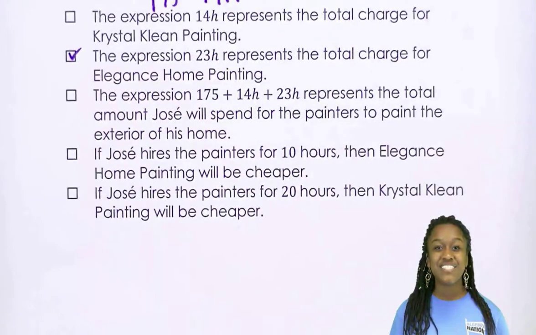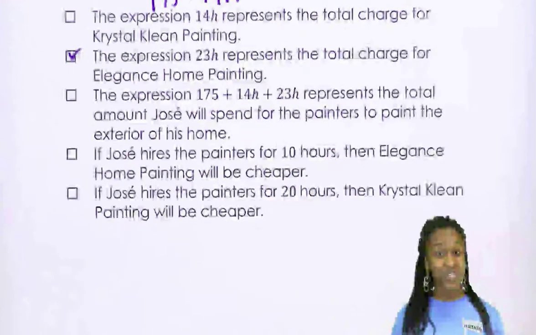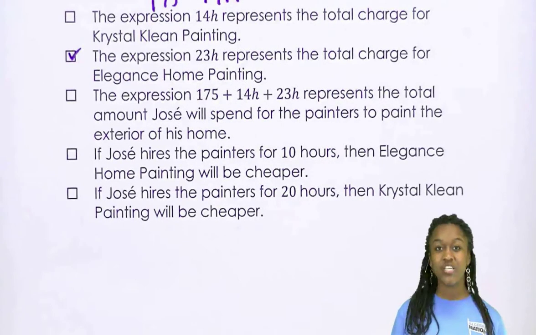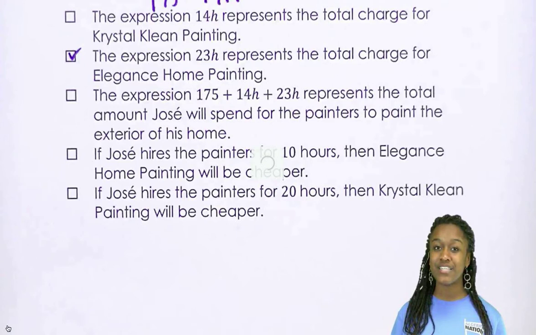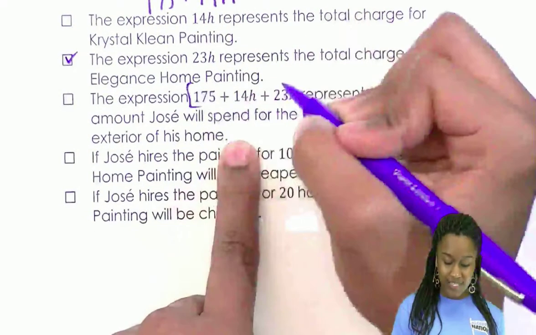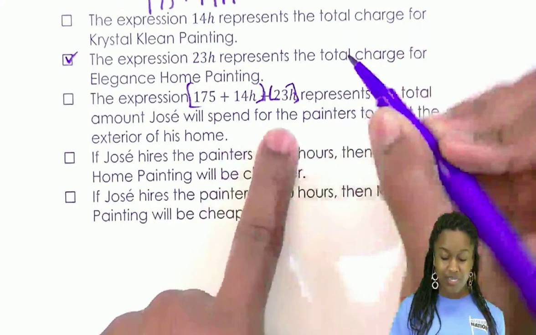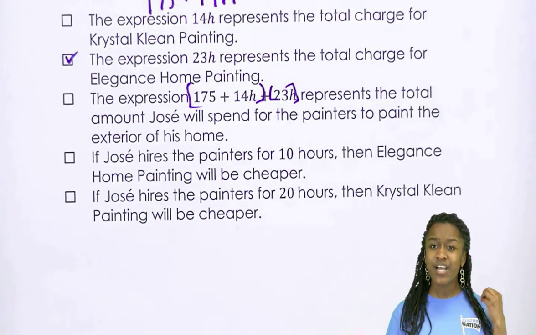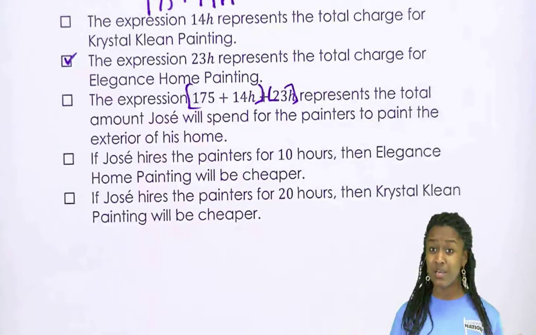Okay, next statement. The expression 175 plus 14 times H plus 23H represents the total amount Jose will spend for the painters to paint the exterior of his home. Now, we know that this is the cost of both companies to come and paint the house. Why would Jose pay two companies to come paint his house?